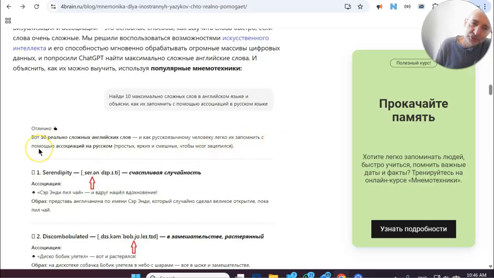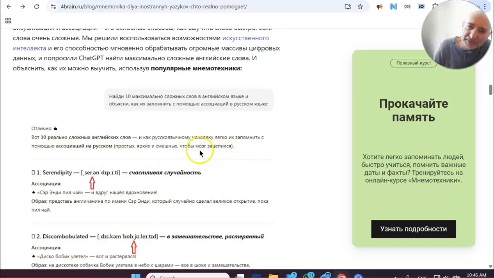С помощью, so we had it, with the help of, ассоциаций на русском, associations in Russian. Простых means simple. Ярких, bright, so something that is яркий, also the light, яркий свет, that would be bright light. But here it just means vivid. И смешных, and funny.